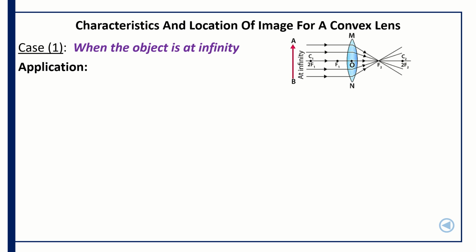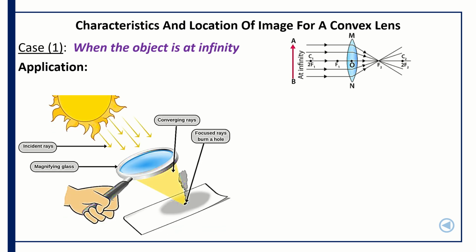Now try to understand the application of this position. If we keep the object at this position, what is the application of getting the image? When we take a magnifying glass or any convex lens, and take the source as the sun, the sun is very far from the lens, so we can say it is at infinity.